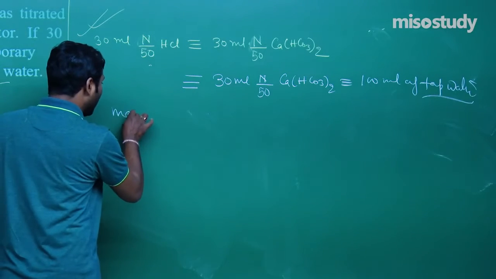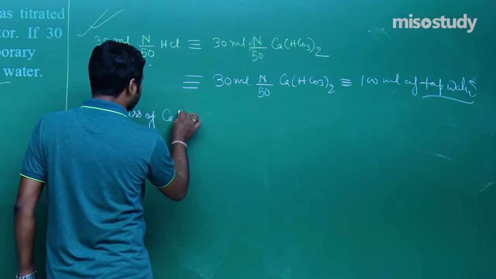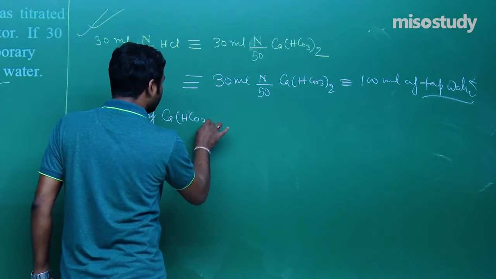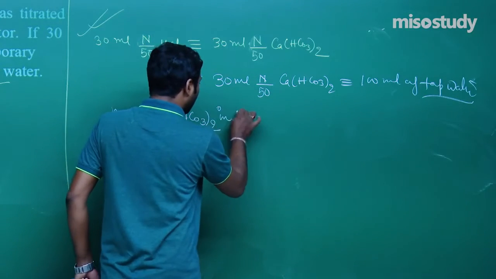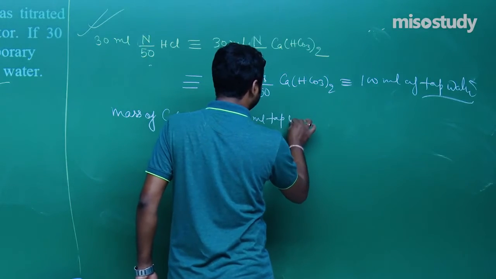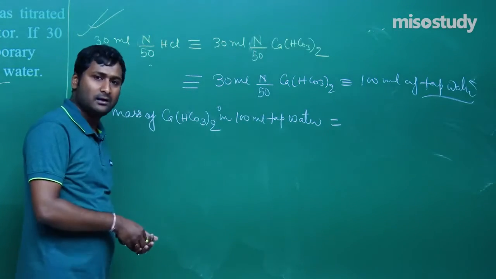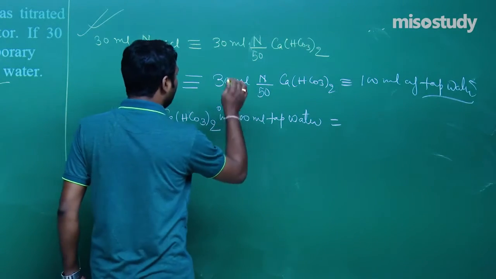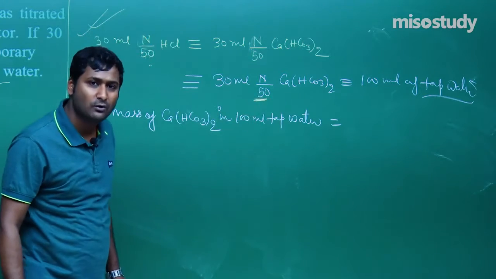So the mass of Ca(HCO3)2 in 100 ml tap water, now tell me what will happen. Sir, if volume and normality are also given, then what is the formula?